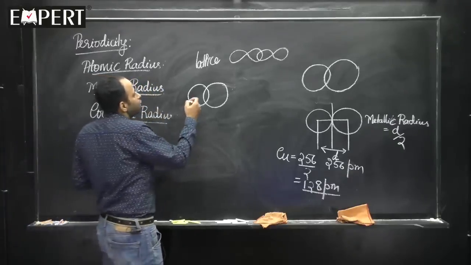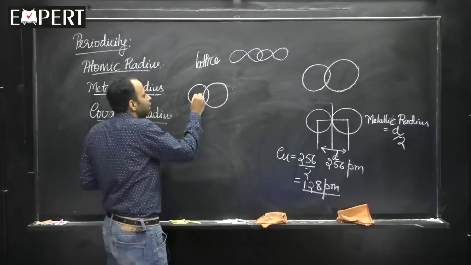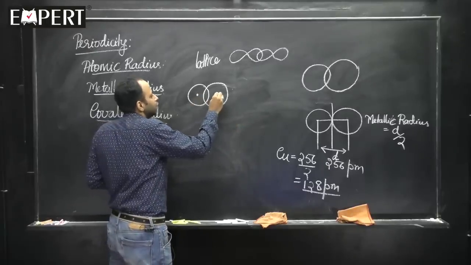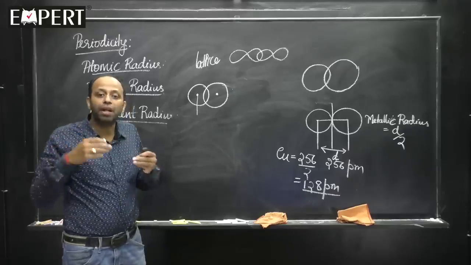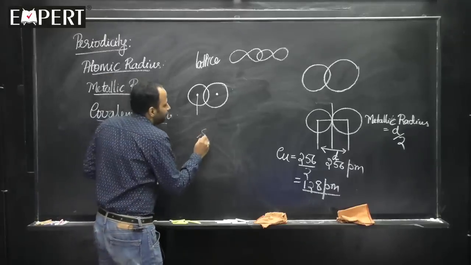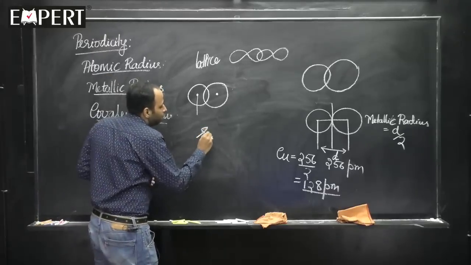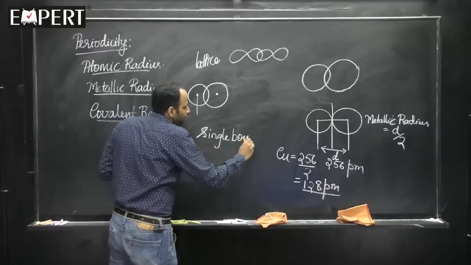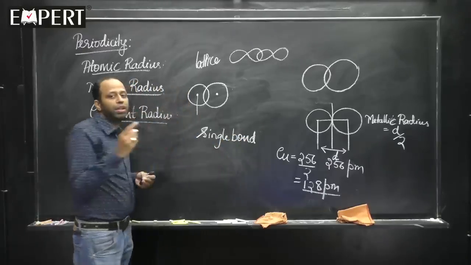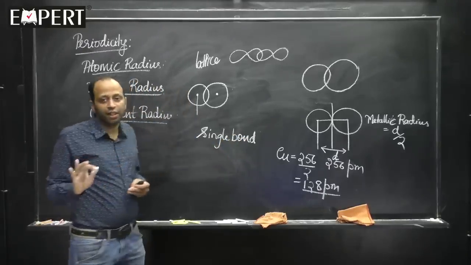So, here what you do, again the same definition, you take the centers of the two atoms which are bound by covalent bond. And what kind of covalent bond? It is bound by something called as a single bond. Single bond means only 2 electrons are shared. Okay?